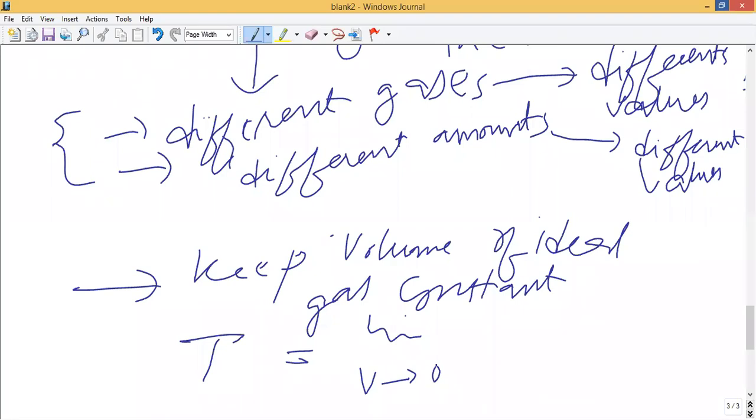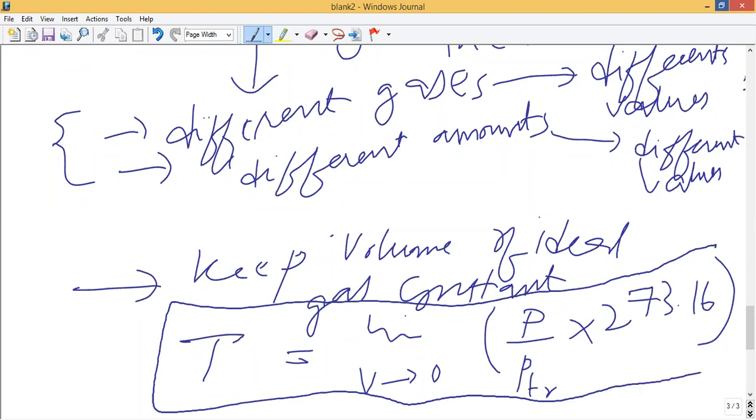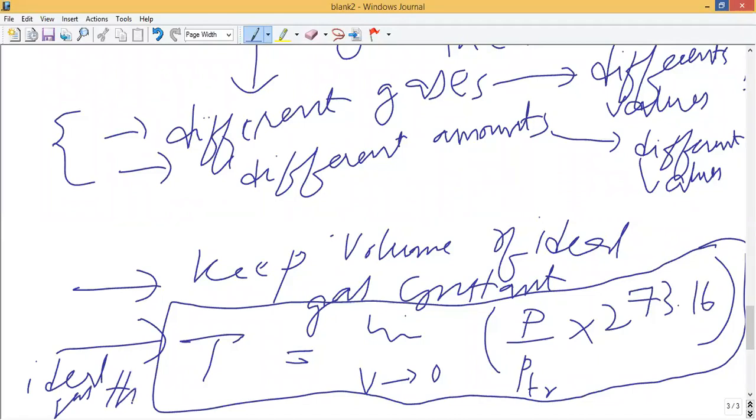There is a volume but very small. Okay, and we say that pressure over pressure triple, into 273.16. Okay, so now this thermometer formula is used to calibrate the thermometer. This is the ideal gas thermometer.